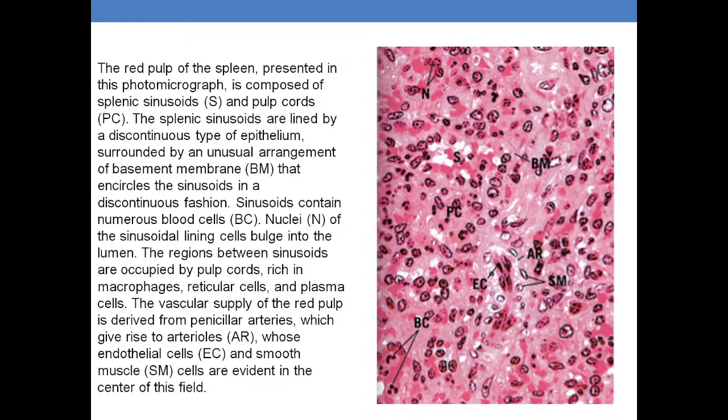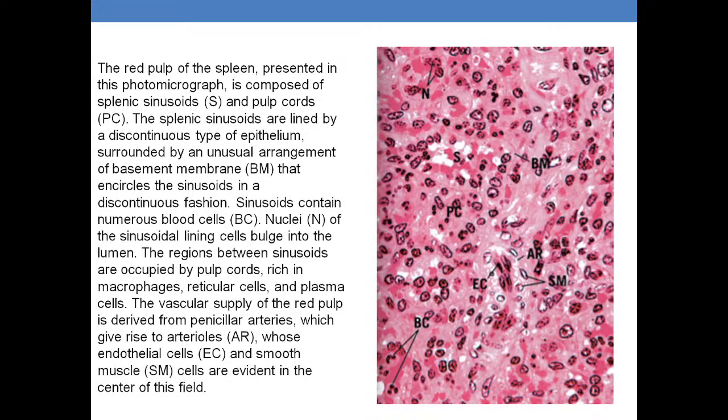The red pulp of the spleen presented in this photomicrograph is composed of splenic sinusoids and pulp cords. The splenic sinusoids are lined by a discontinuous type of epithelium, surrounded by an unusual arrangement of basement membrane that encircles the sinusoids in a discontinuous fashion.